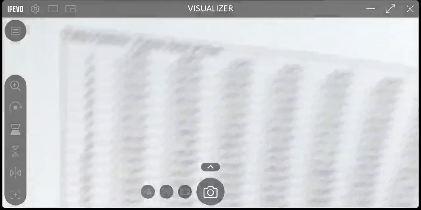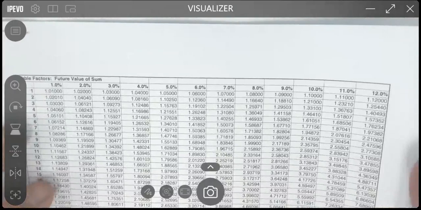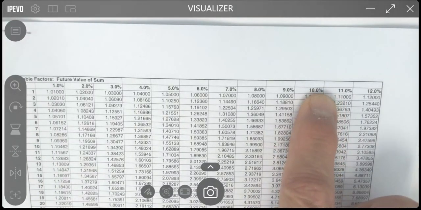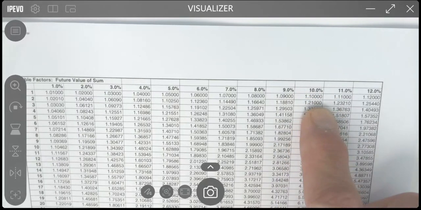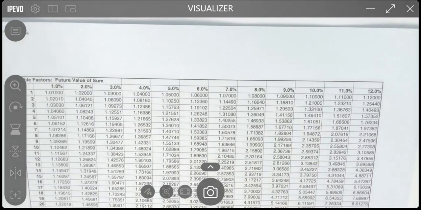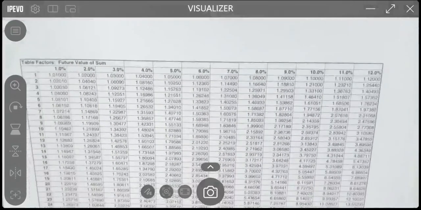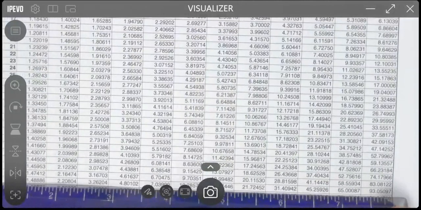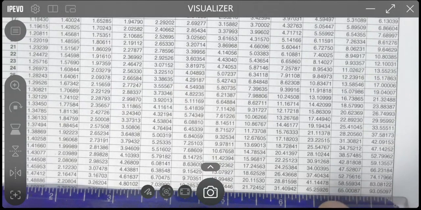If you look at the table, you saw the answer there, but let's show you how that got there. Okay, so the 10% column is the third from the end. Now I'm going to put the ruler on the 40-year row and scan down. The table factor is 45.25926.